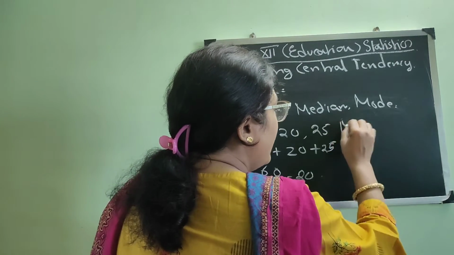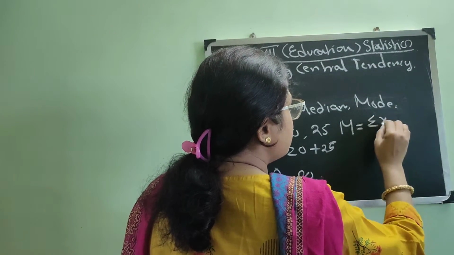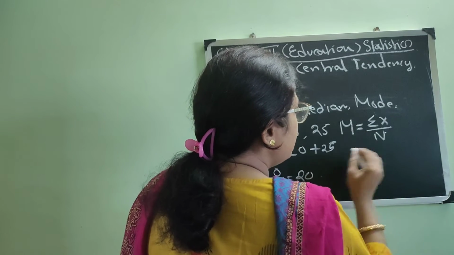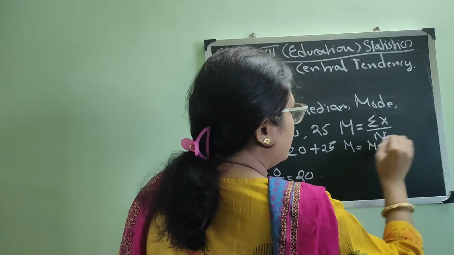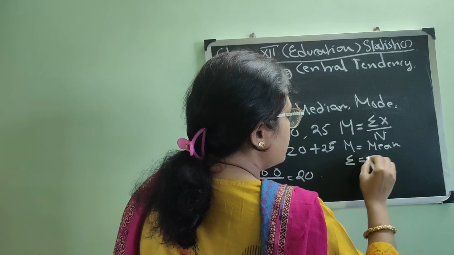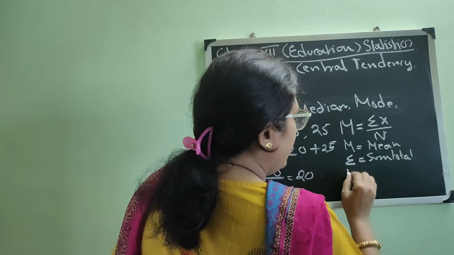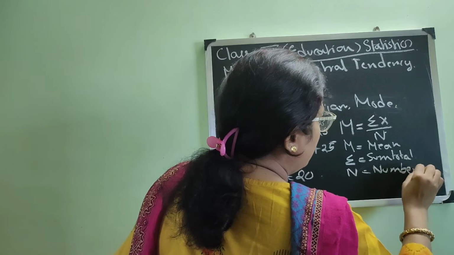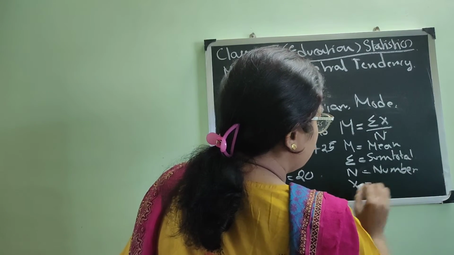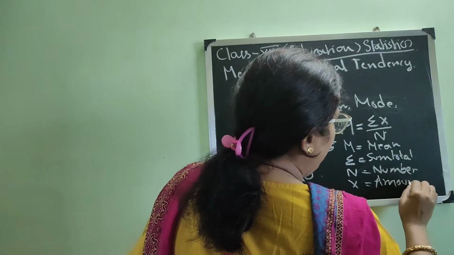So if I write it like this, mean is equal to summation x by n. Here mean means mean, summation means sum total, n means number, and x means amount.